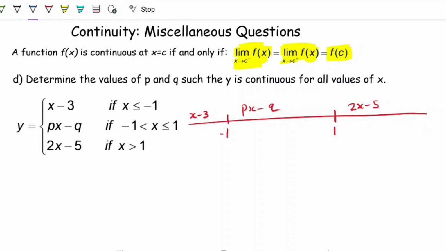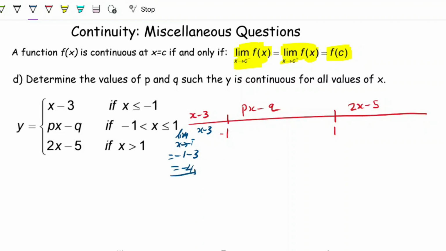If we are approaching -1 from the left, we'll have the limit as x tends to -1 from the left. We essentially bump into this function, and if we take the limit of that, we get -1 minus 3, giving us -4.